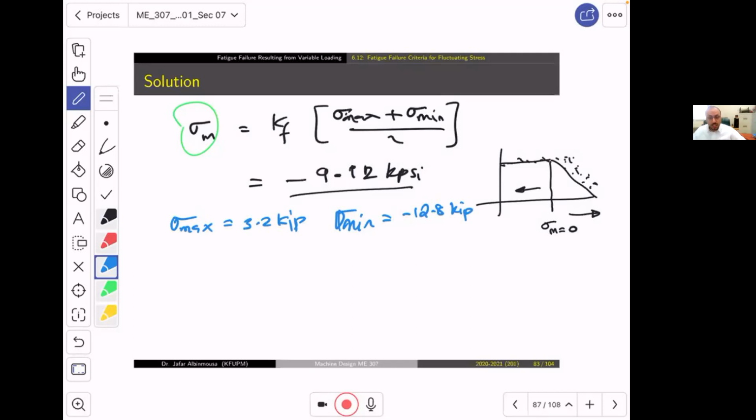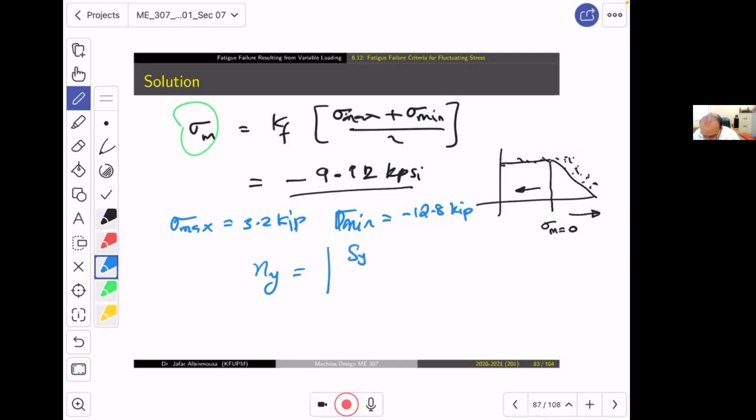Do you understand? Now, in order to check yielding, for this material, AISI, we can easily assume that this material has a symmetric tension-compression behavior. That means if you reach the yield stress in tension, or you reach the yield stress in compression, you will have yielding. So in order to check the yielding from the first cycle, what are we going to do? This is NY, where N means safety factor and Y stands for yielding.